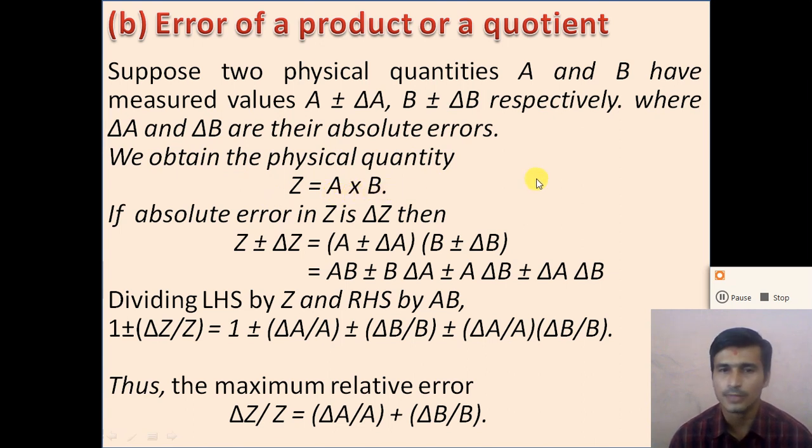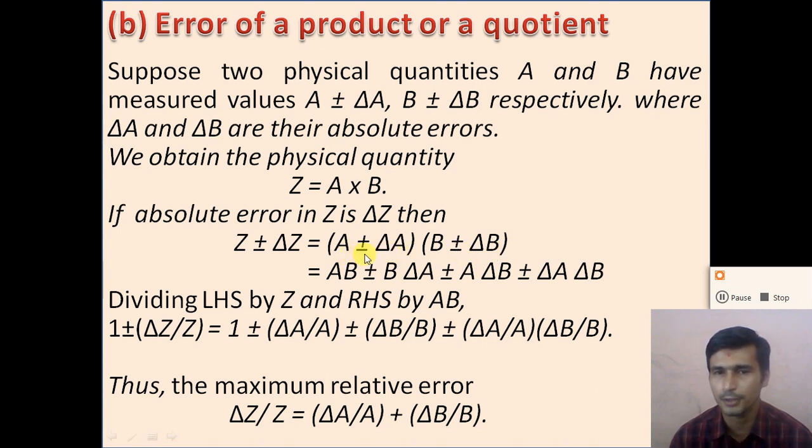Now if the absolute error in Z is delta Z, then we can write Z plus minus delta Z is equal to (A plus minus delta A) multiplied by (B plus minus delta B).